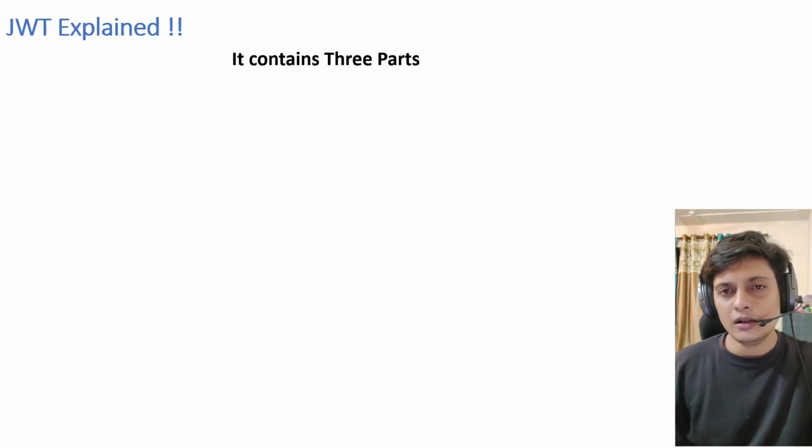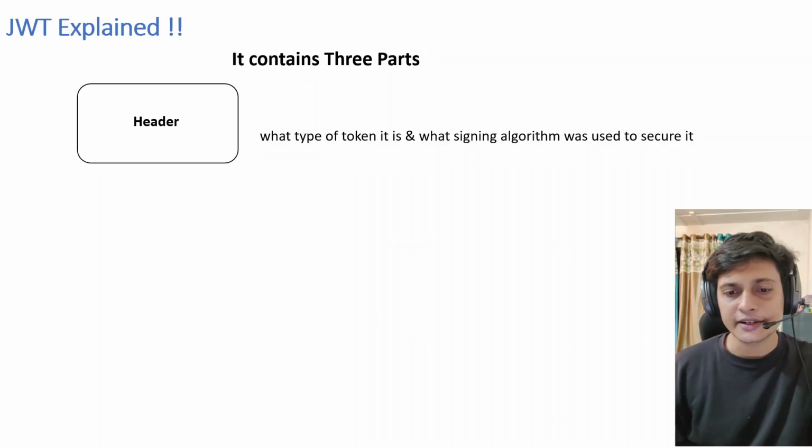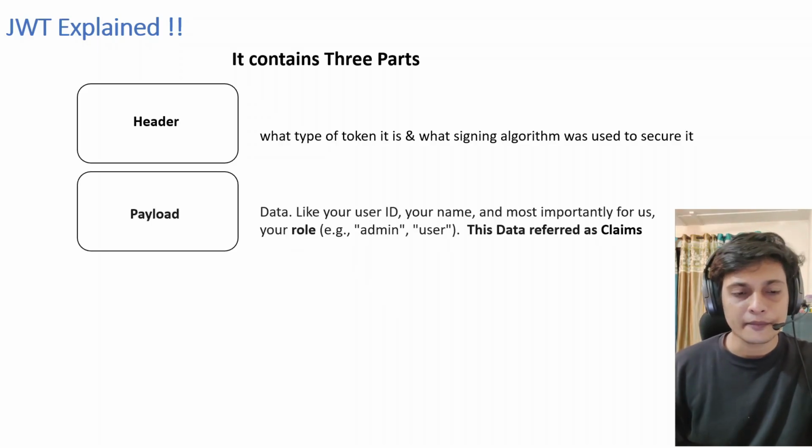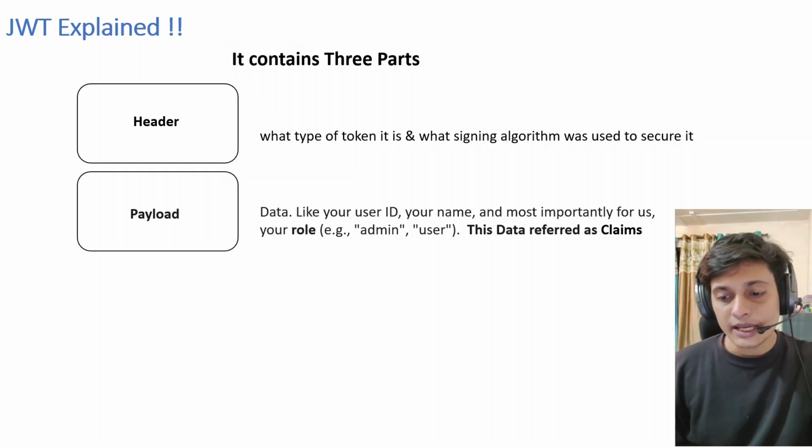This JWT contains three parts. First is the header. The header contains what type of token it is and what signing algorithm was used to secure it. It is completely for your application; there is no part of the user in it. Second is the payload: data like your user ID, your name, and most importantly for us, your role.